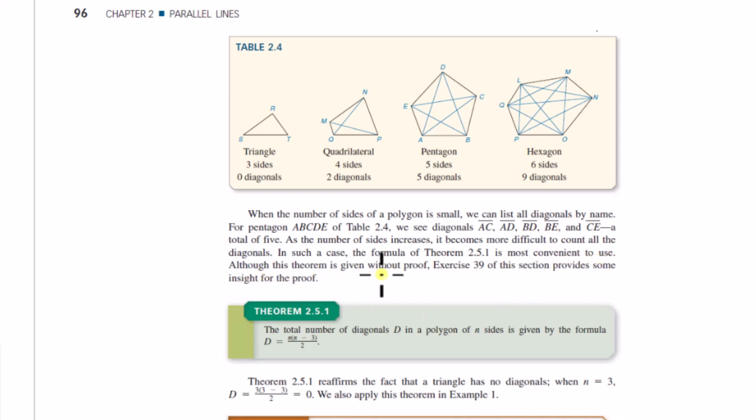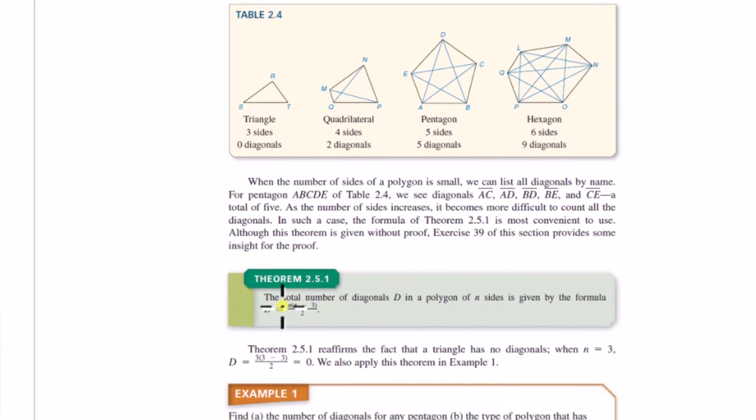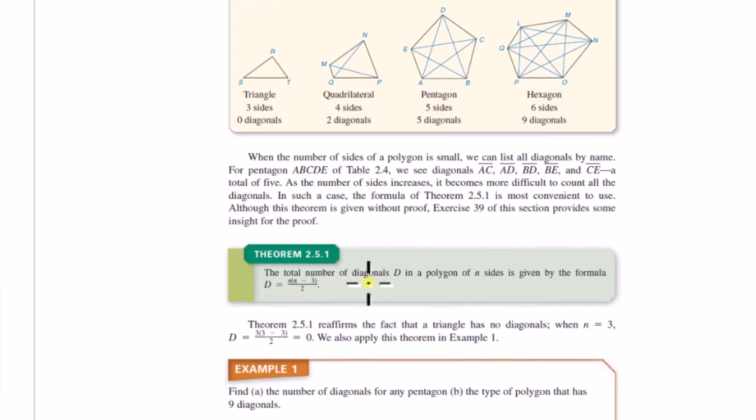Although this theorem is given without proof, exercise 39 of this section provides some insight for the proof. Theorem: the total number of diagonals, D, in a polygon of n sides is given by D equals n times (n minus 3) divided by 2.